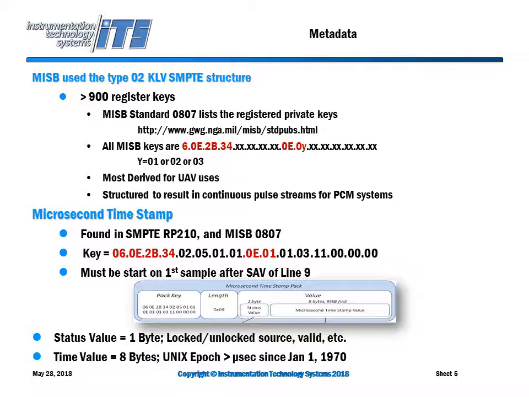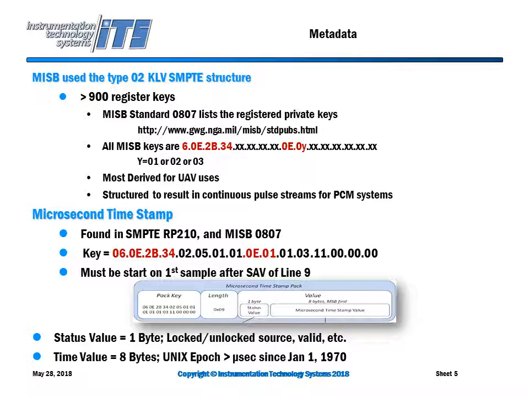Of most significance is the microsecond timestamp. That's used universally between SMPTE and MISB. It has the key shown here, and you'll note that the first digits are the digits assigned to MISB use, and the middle digits are also assigned to MISB for their use.